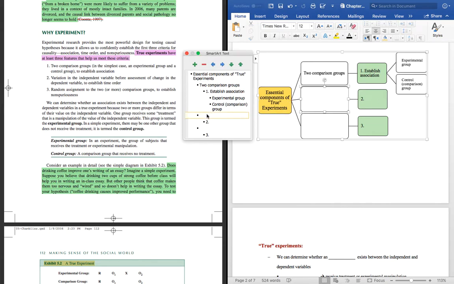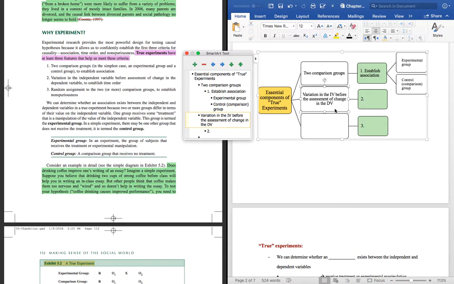And then the second necessary component of experimental designs is that variation in the independent variable should happen before the assessment of change in the dependent variable.